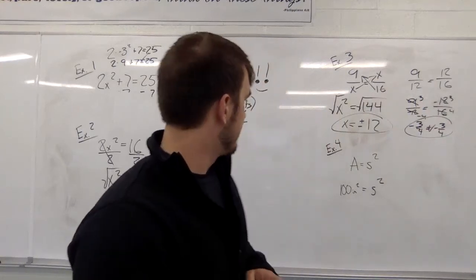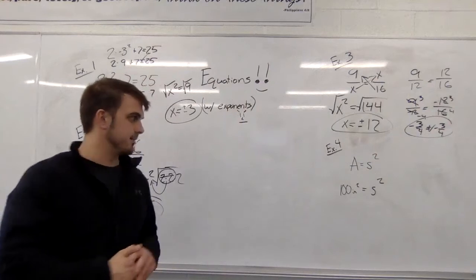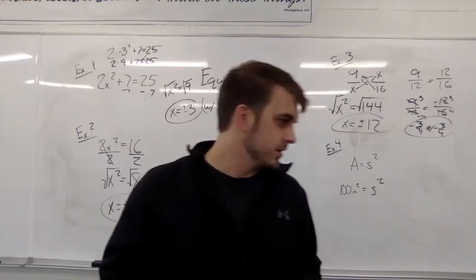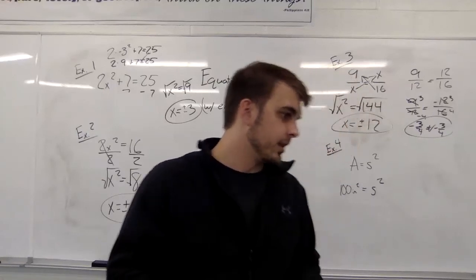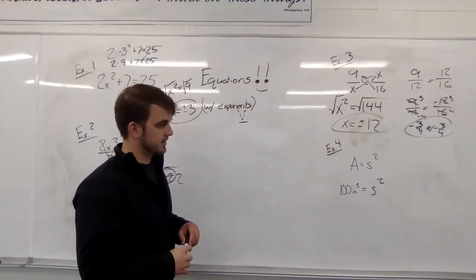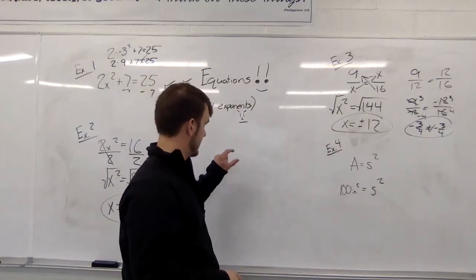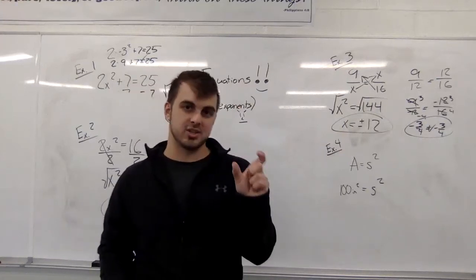Okay, then example 4, same deal, another logical solution here. So this person, Jamie, is making a mosaic, and has 100 1-inch square pieces.